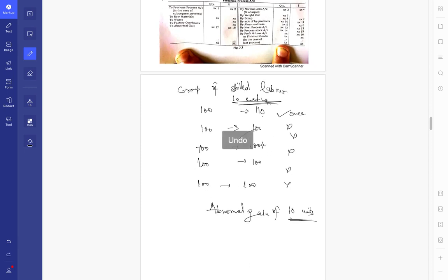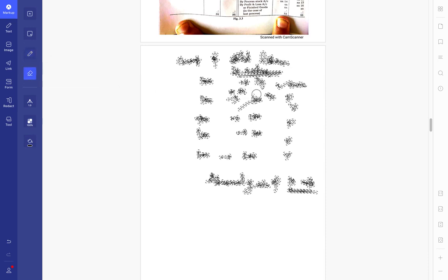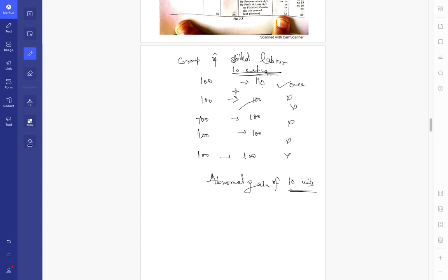Let's say these are not 100, these are 90, so you will incur a normal loss of 10 and you have a scrap value for it, so it would go the other way around. Or the example could be in another way also. I'll just write it down.